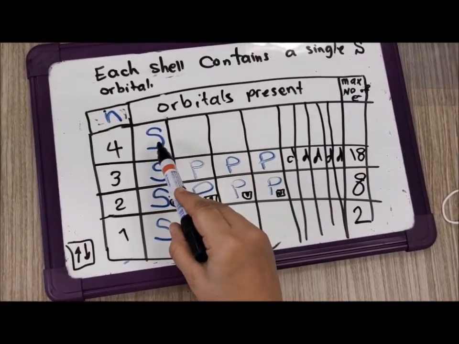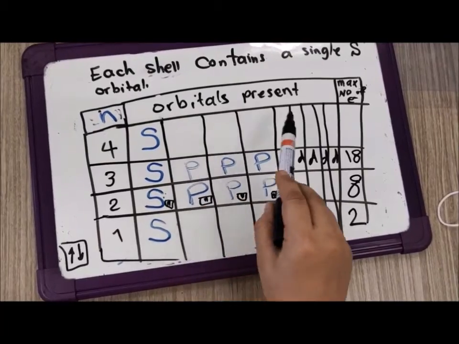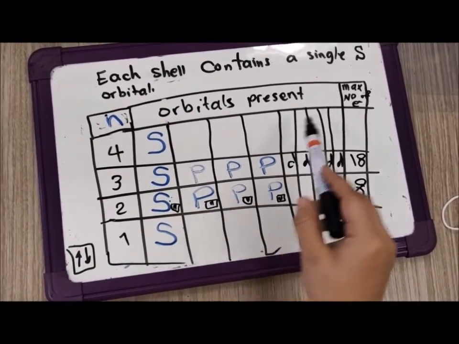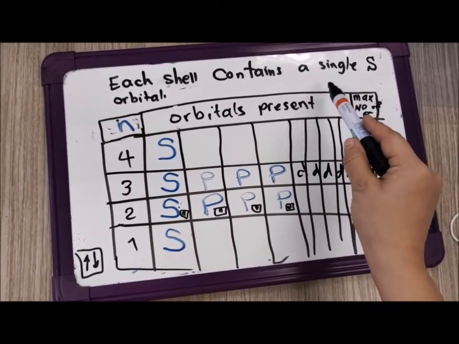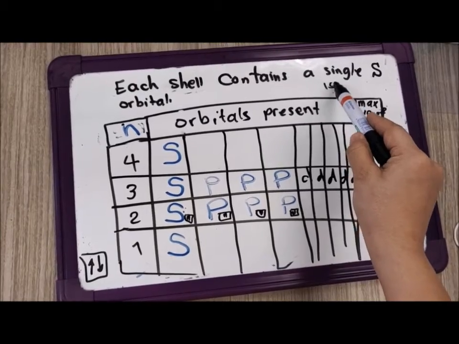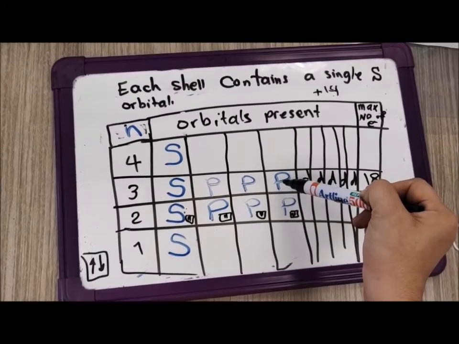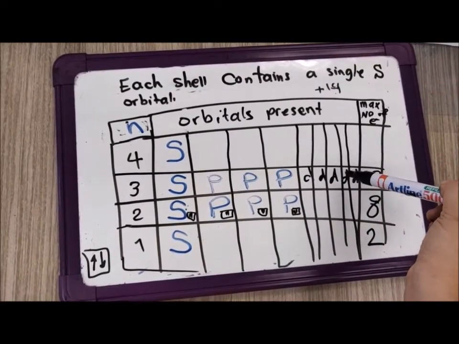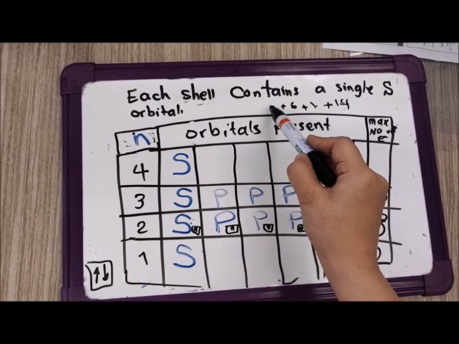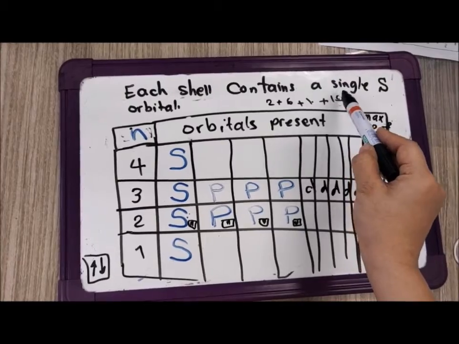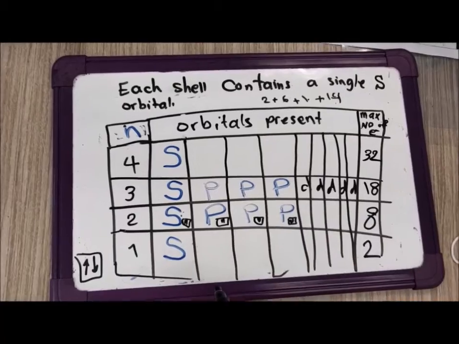For the next one, on the fourth shell, we have 1 s, 3 p, 5 d, and 7 f. Each of the 7 f orbitals takes 2 electrons in opposite spins, which becomes 14 electrons, plus p and d, which makes 18, and this one, how many? 32 electrons maximum.